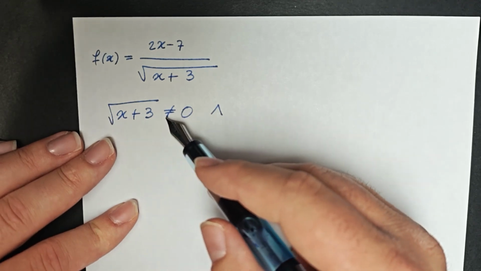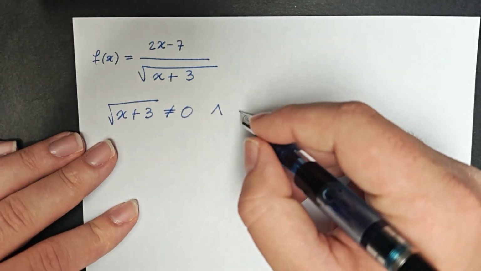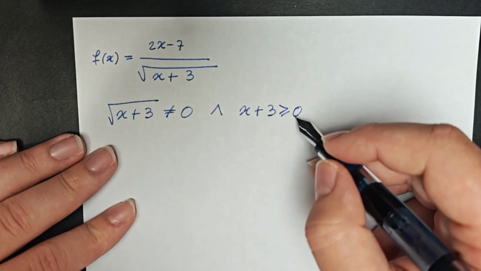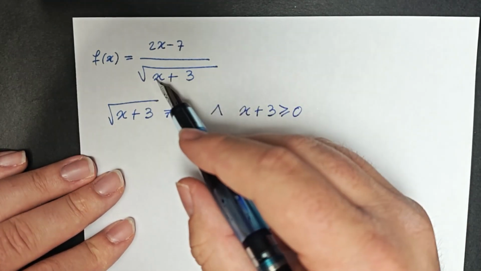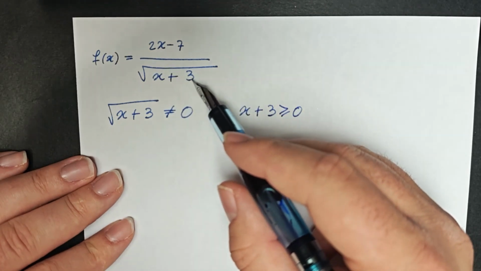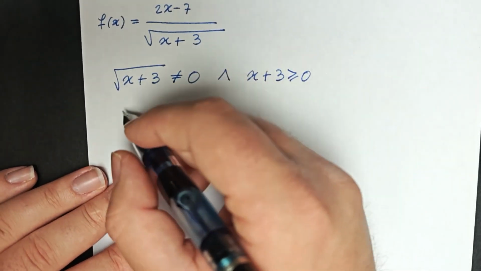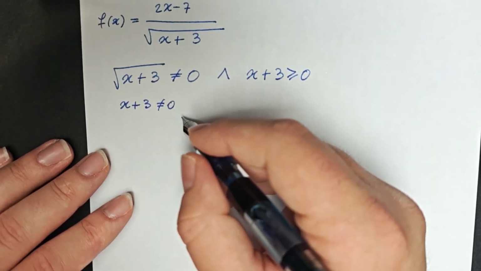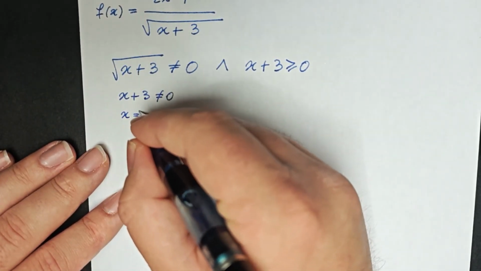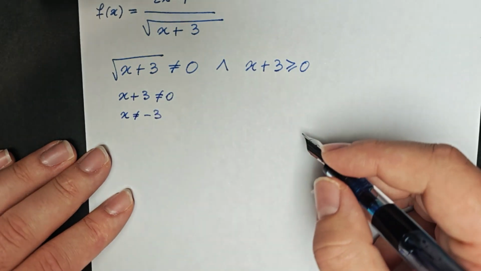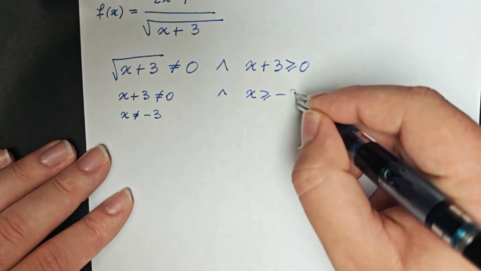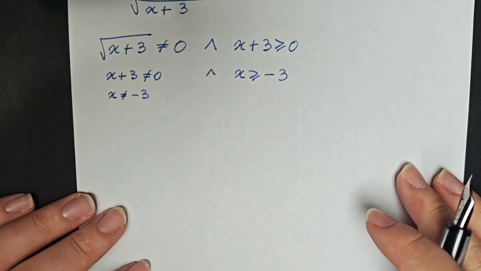The square root of x plus 3 is different than 0, and x plus 3 has to be larger or equal to 0, because that is the argument of this square root function. So in the first case, when we square this, x plus 3 remains different from 0, and that means that x has to be different from negative 3. And in this case x has to be larger or equal than negative 3.